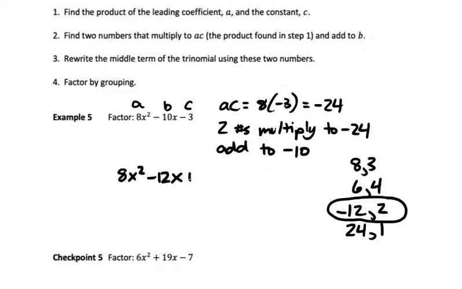So negative 12x and plus 2x. The order doesn't matter. I could put plus 2x first. You would get the same answer in the end. So I'm breaking this up, and when I combine those like terms back together, I should get back to what I originally started with, which was negative 10. So negative 12x plus 2x does equal negative 10x.